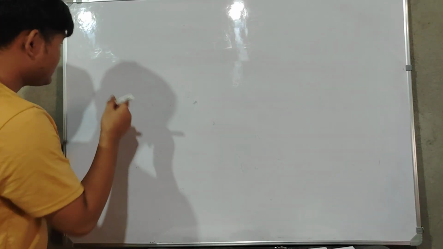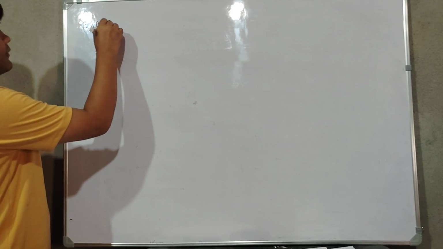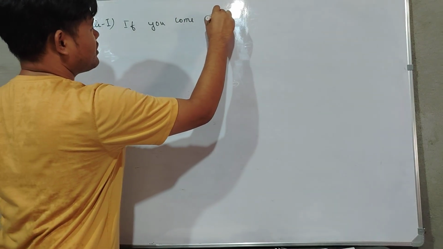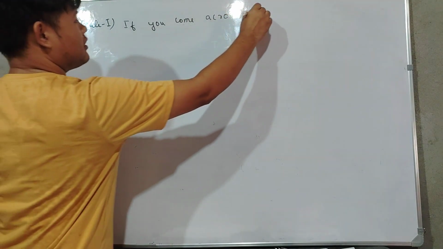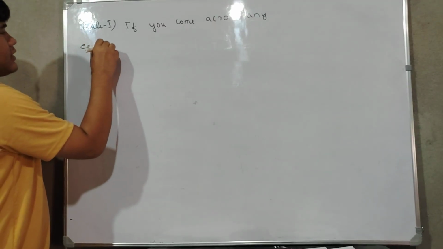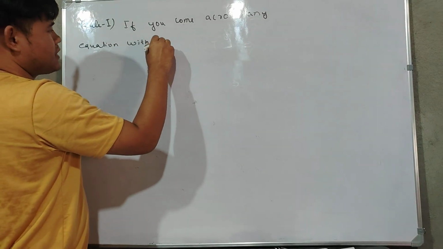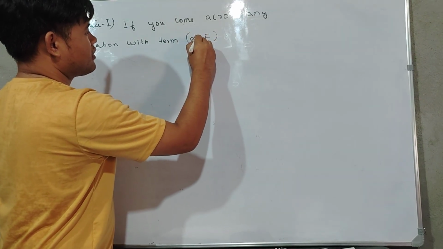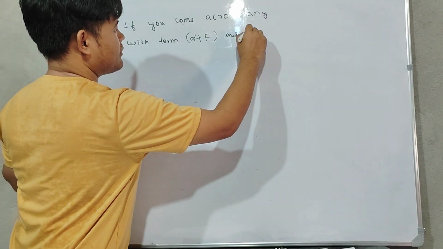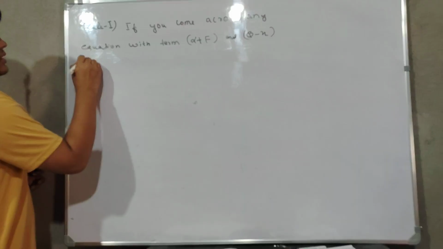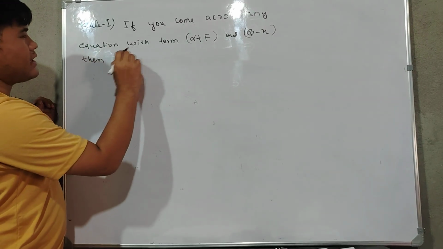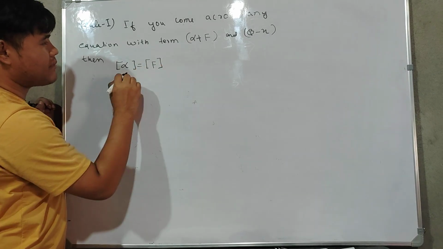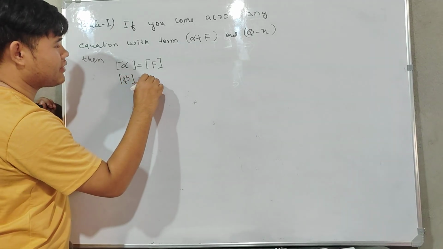This rule, rule 1, tells us that if you come across any equations with terms alpha plus f and beta minus x, then the dimensions of alpha will be equal to the dimensions of force, and the dimensions of beta will be the dimensions of x.